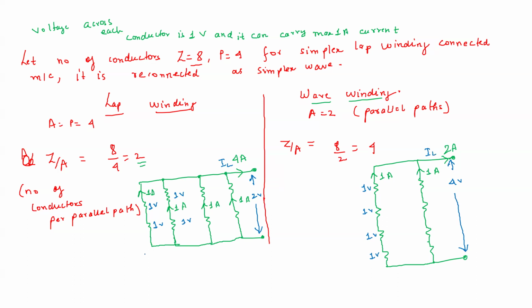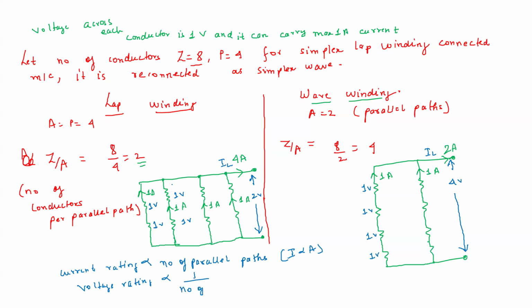Okay, so you see current rating is proportional to number of parallel paths. So current is proportional to parallel paths and voltage rating is inversely proportional to number of parallel paths.